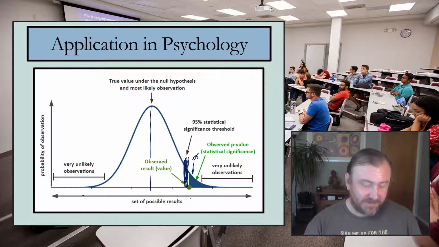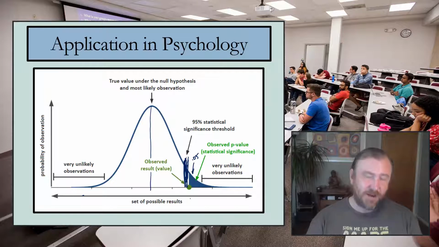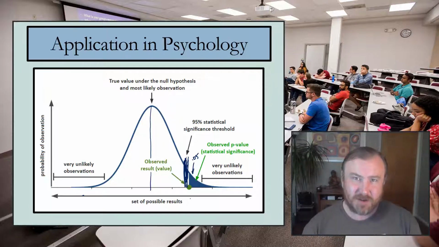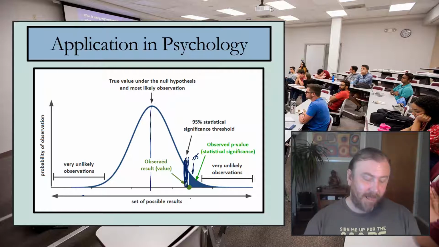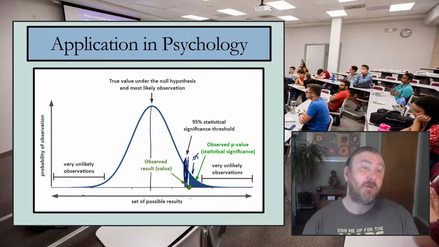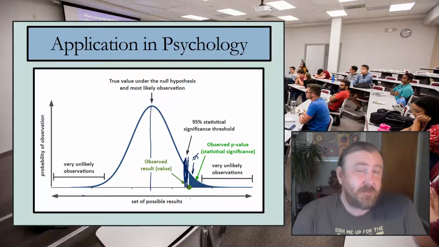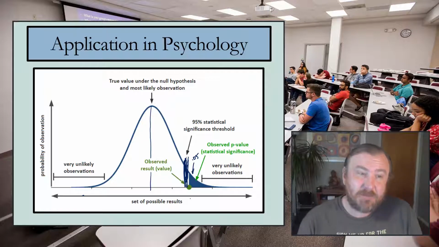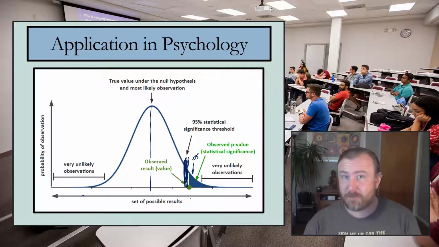I hope this is a very conceptually challenging lecture. I hope you've gotten some insight into how null hypothesis significance testing works, how we scientists don't make claims about what is true, but they falsify.